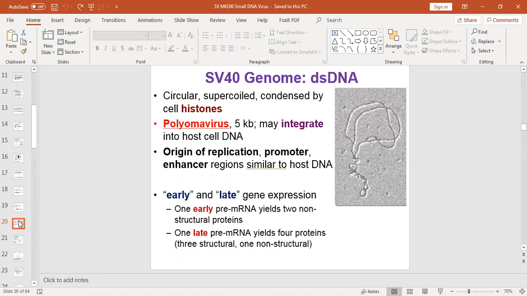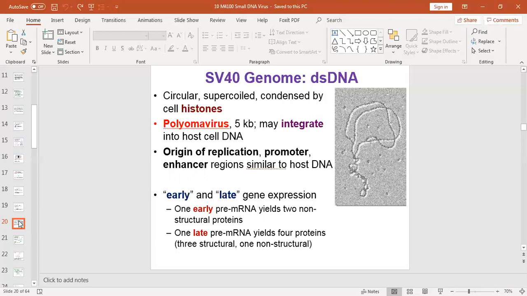Let's move on to slide number 20, which is the subject of today's lecture. SV40 genome, double-stranded DNA. The genome is circular, supercoiled, and is condensed by histones. Polyomavirus has a 5 kilobase genome that may integrate into the host cell DNA.